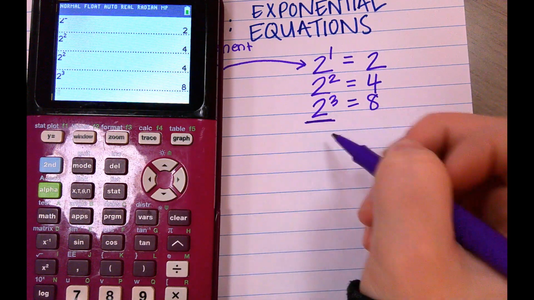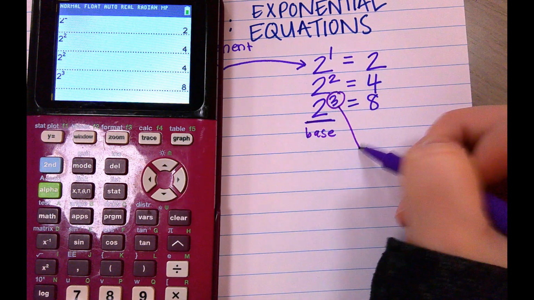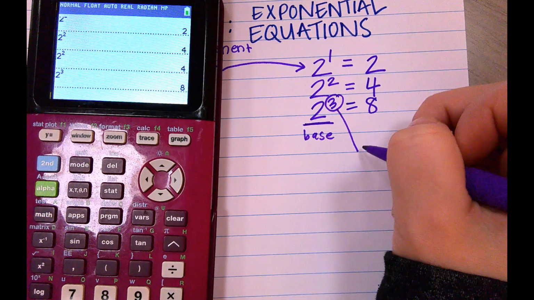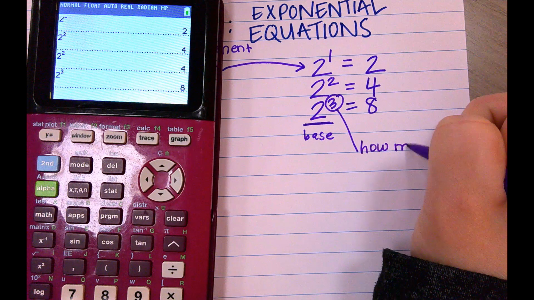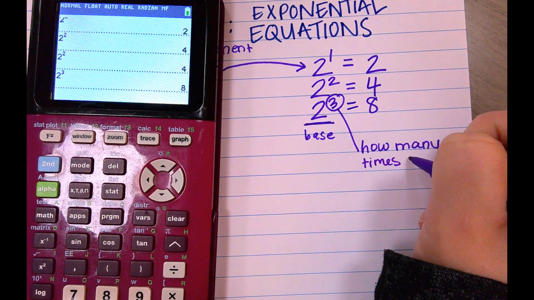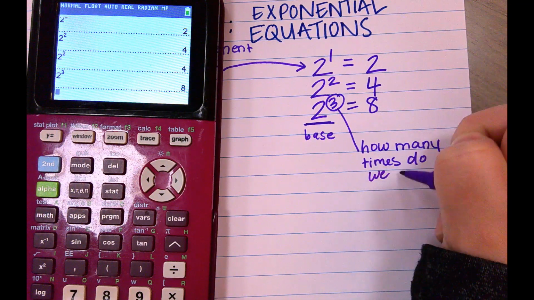Your base number is 2. Your exponent tells you how many times do I multiply the base by itself. So how many times do we multiply 2?